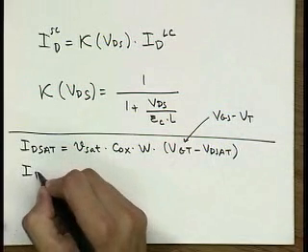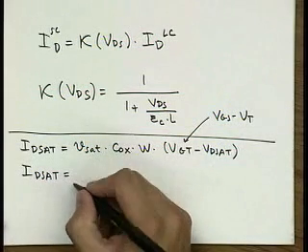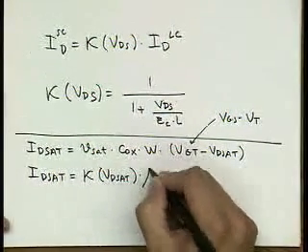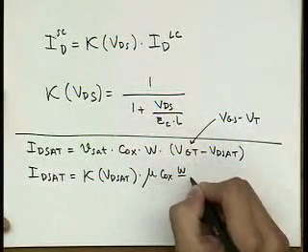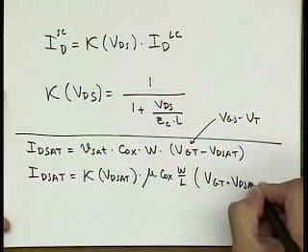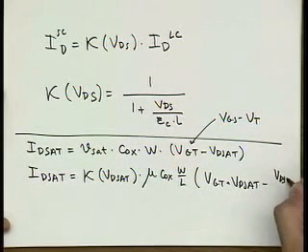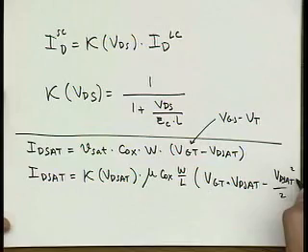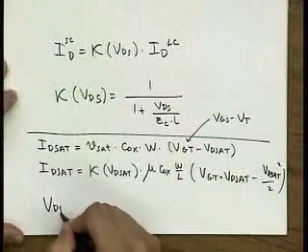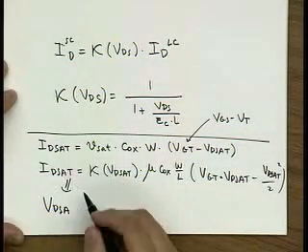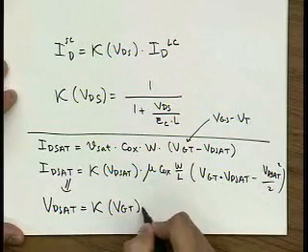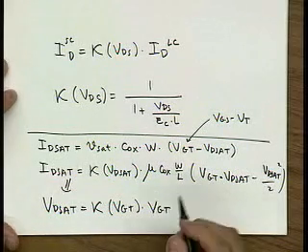And we also know that this IDSat is equal to K times K of VDSat times mu Cox W over L, VGT times VDSat minus VDSat squared over 2. And then we figure that this VDSat, by making these two equal, is equal to this K of VGT times VGT.